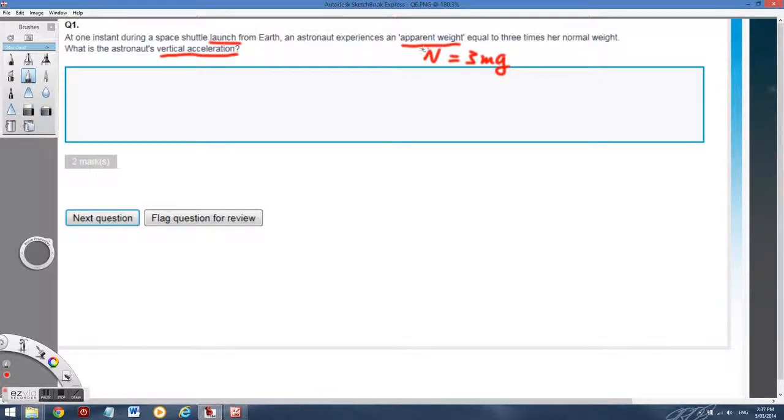Just remember, apparent weight is your normal force. So let's draw a diagram. The mass has a normal force equal to 3mg, 3 times its normal weight, and downwards it has a weight force of mg.